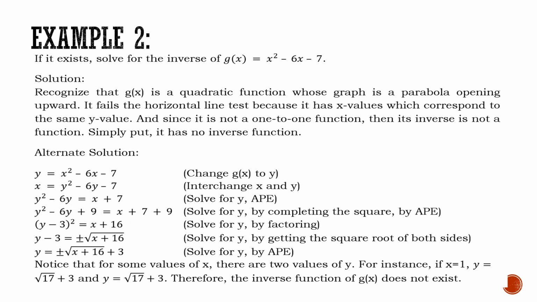So for example number 2, if it exists, solve for the inverse of g of x is equal to x squared minus 6x minus 7. If we replace g of x by y, we can rewrite this given function as y is equal to x squared minus 6x minus 7.